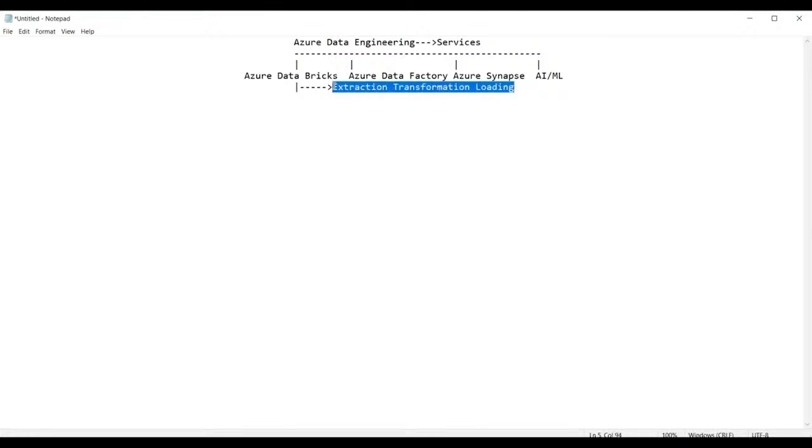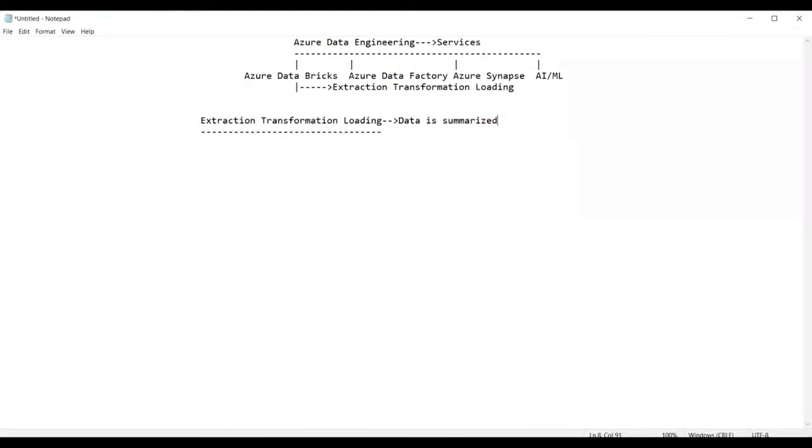What is this extraction, transformation, and loading? Let us try to understand this first. It is a process where the data is summarized, and this summarized data is used for decision making.